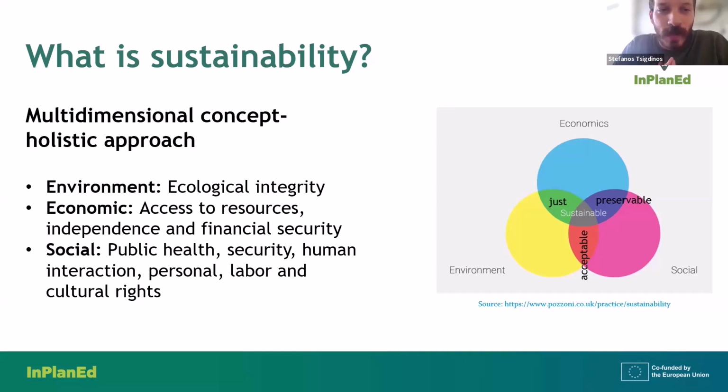And when we say multidimensional, we have three main pillars. The first one is the environment. So just one more time, we have to be prepared: sustainability is not only about the physical or natural environment. It's also about economic issues and social issues.